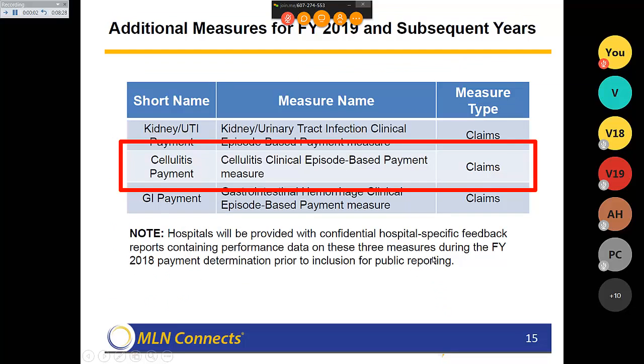So why is cellulitis important? Well, one, it's an expensive disease, and we'll talk about some numbers. In terms of measures for 2019 reporting, cellulitis payment is an episode-based payment measure that CMS has put in. This is a slide from Medicare Learning Network Connects. We have links to these if you need to look at the entire presentation.